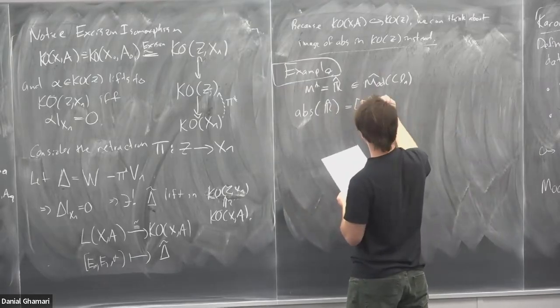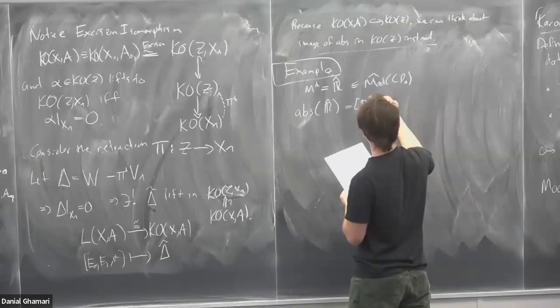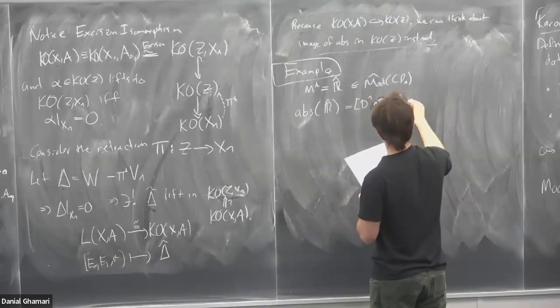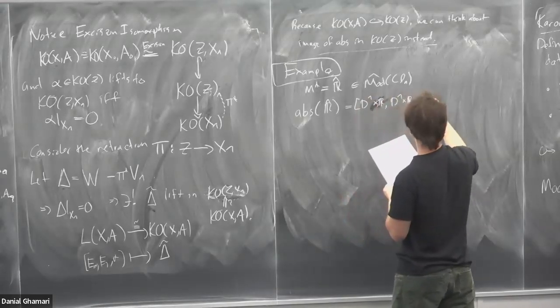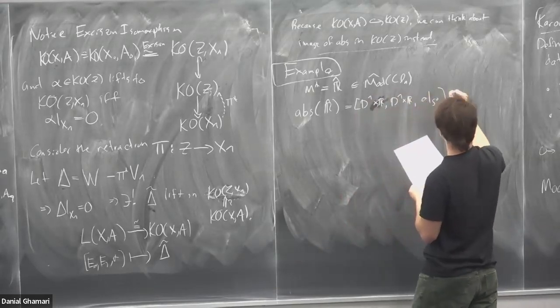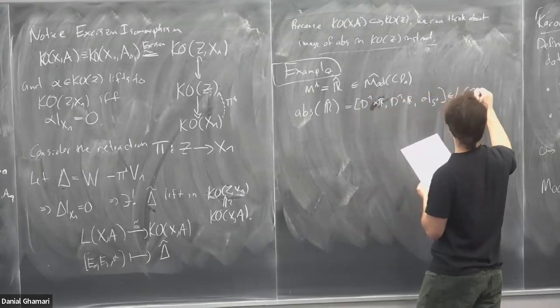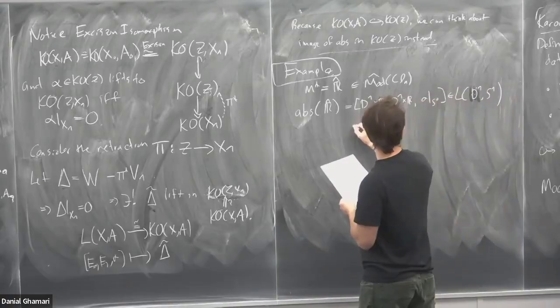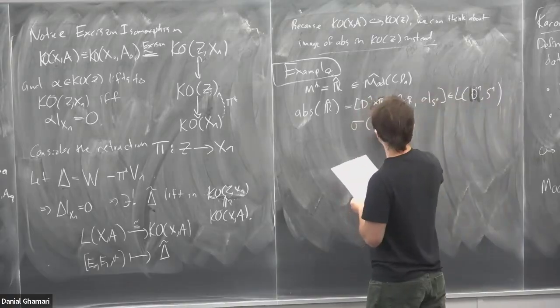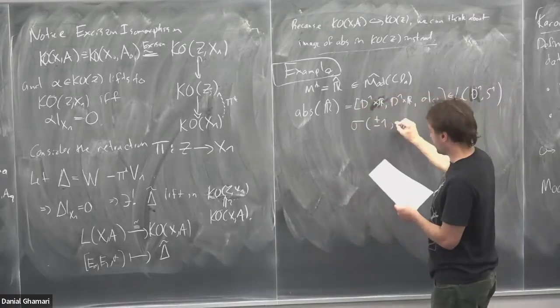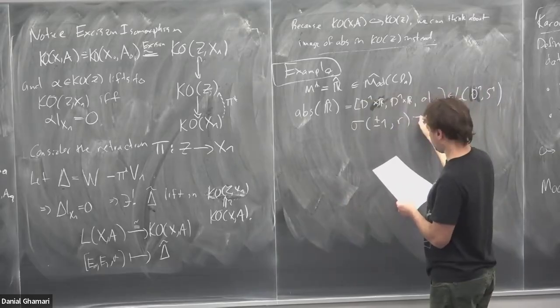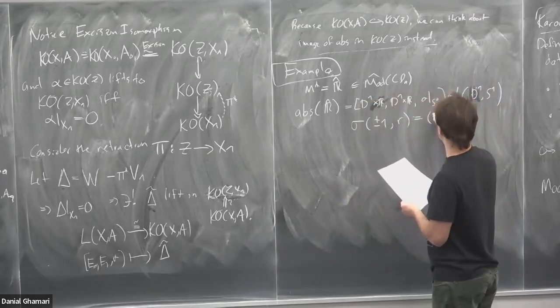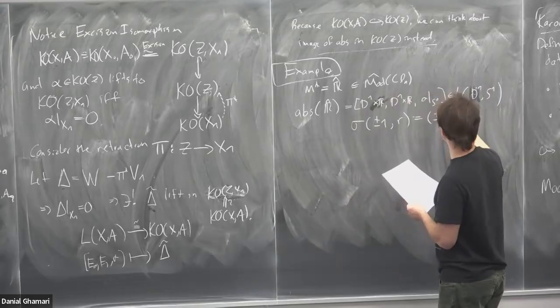We write it like this: E1 cross R, E1 cross R, and then we have sigma restricted to S0, where sigma on the unit sphere plus or minus 1 acting on the element R is going to be that same element plus or minus 1.